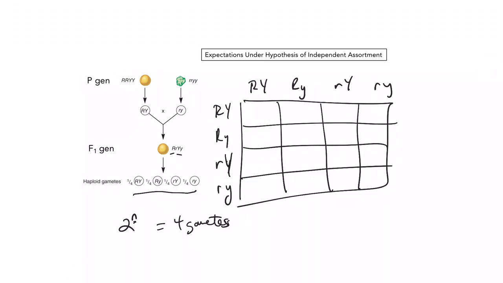So here we've got 2, so that's 2 to the second, which equals 4 possible gametes. That's a way to check to make sure you've got all the possible combinations of those alleles in the gametes produced from one individual. Now what you'll also notice is that if you have 4 gametes from one individual and we're mating it against a double heterozygote again, 4 gametes for another individual, that means you've got 16 possible combinations.